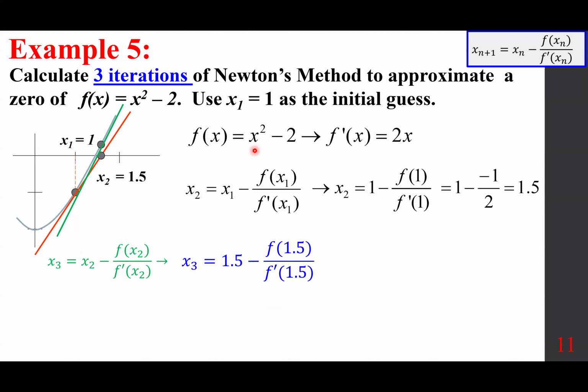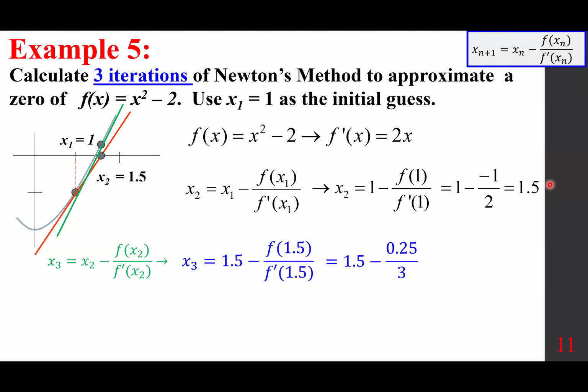So now into this, we put 1.5. And that becomes 2.25 minus 2, which is 0.25. And if I put it in here, 2 times 1.5 is 3.